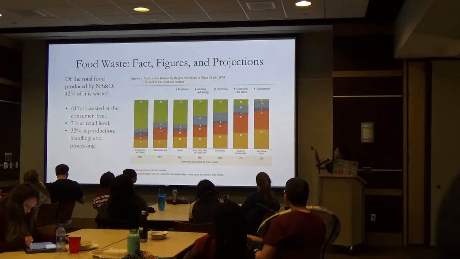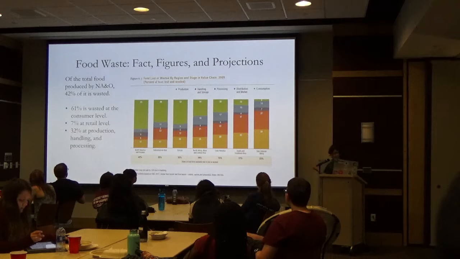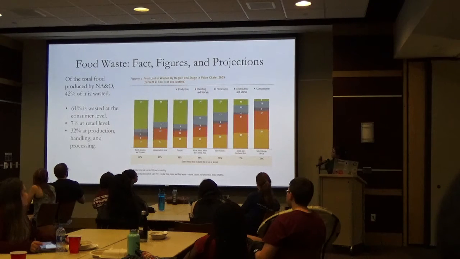So whenever it says NA and O, I'm pretty sure that's North America and Oceania. In these areas, of the total food produced, 42% of it is wasted. And this is a way to visualize the consumption that we have versus the amount that we're producing.